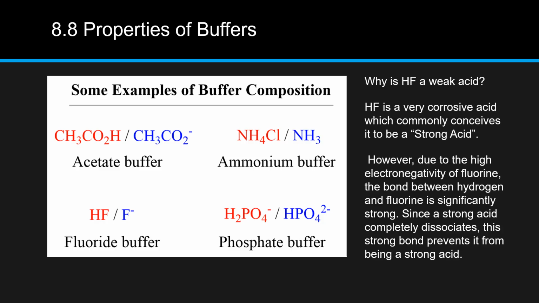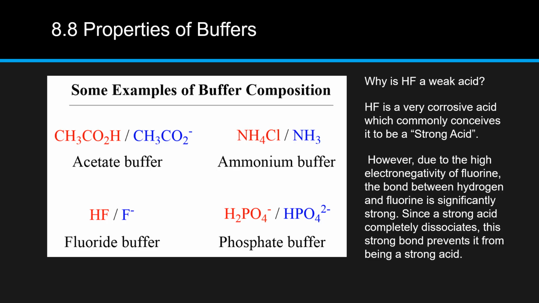Here are some common examples of buffer systems that you definitely should start to recognize. In each case, what makes them a buffer is that they contain a weak acid and its conjugate base, or a weak base and its conjugate acid. For example, the acetate buffer is made from acetic acid and acetate. The ammonium buffer is made from ammonium and ammonia. The fluoride buffer is made from hydrofluoric acid and fluoride ions.